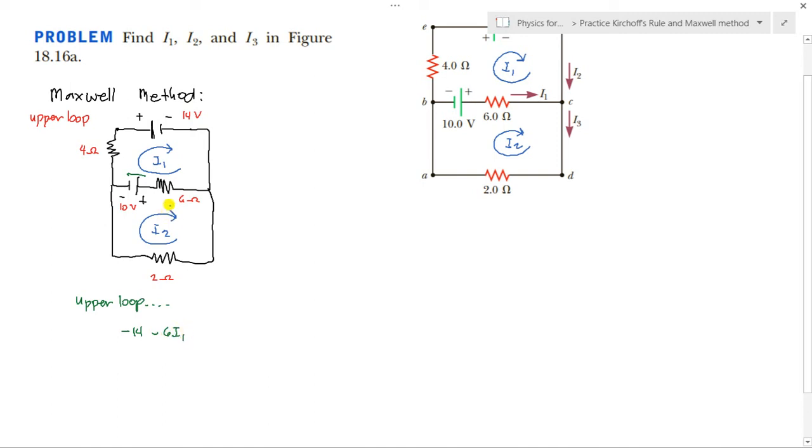However, ni-interact pod niya si I2 kay labay man si I2 ni 6 ohm resistor, so therefore opposite pod si I2 kay I1, so we have positive, so that is plus 6 I2. Then milabay ang atong current ni 10 volts, so ang direction is from positive to negative, so we have voltage drop, so we have minus 10.